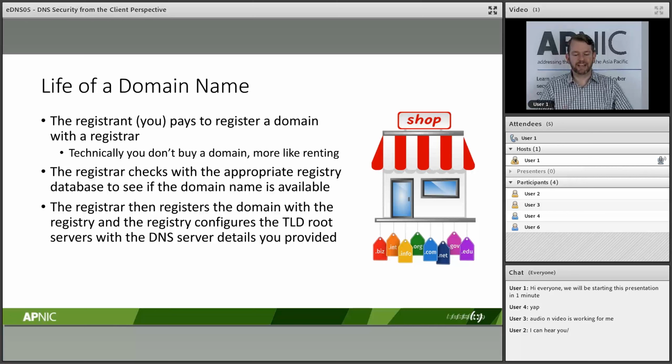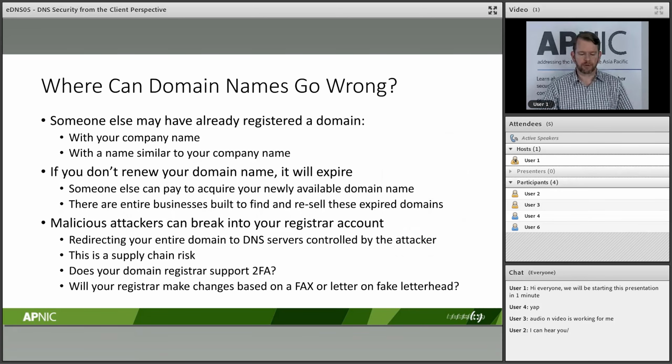Assuming that it is available, after you pay your money, the registrar will register the domain name into the registry, and the registry will configure the top-level domain root servers with the DNS server information that you provided so that everybody on the internet knows which DNS servers it is that's going to be serving your requests and the responses for your domain name.